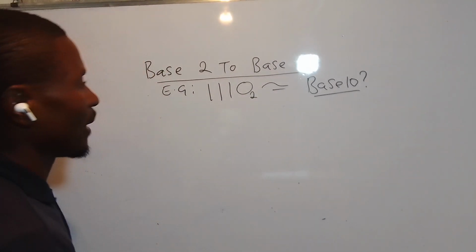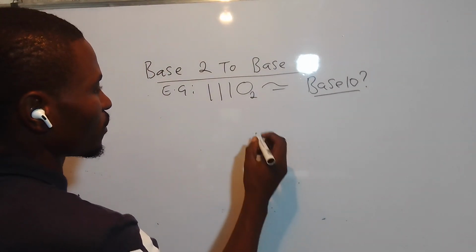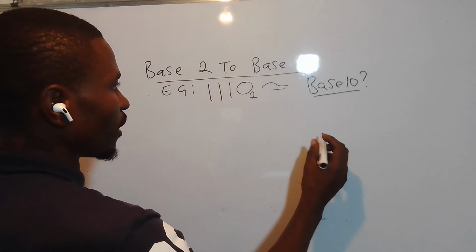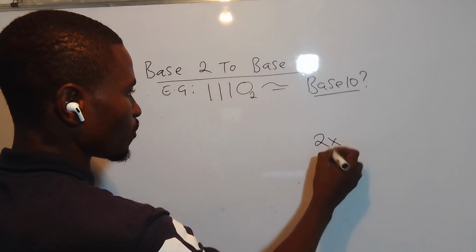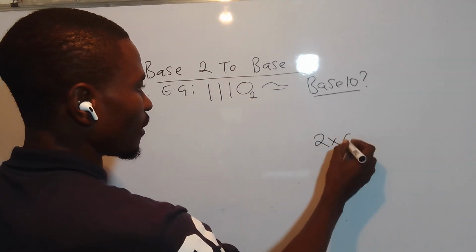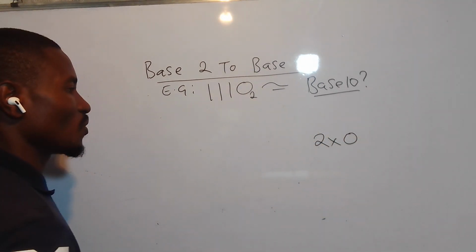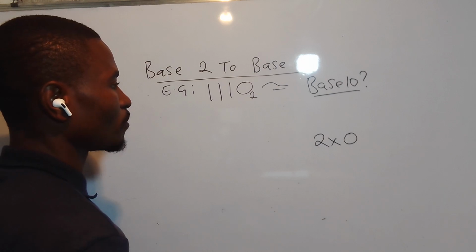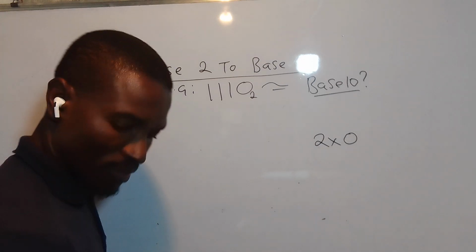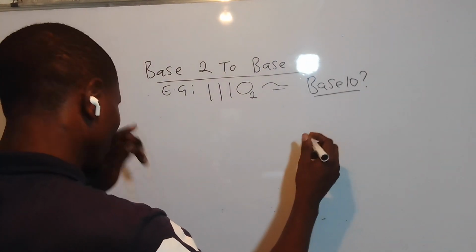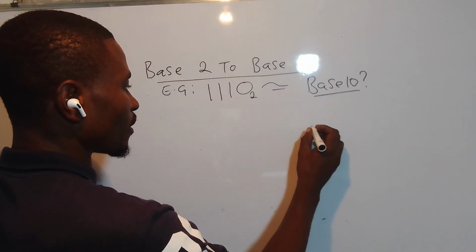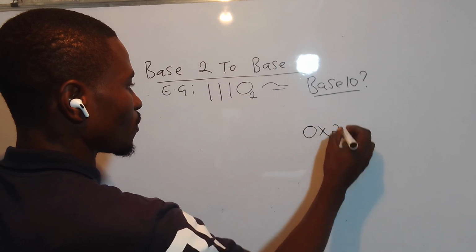So what you are going to do is multiply these. So 0 multiplied by 2.